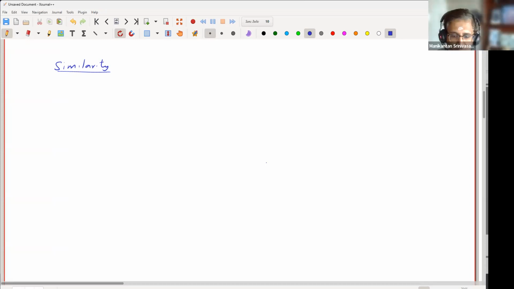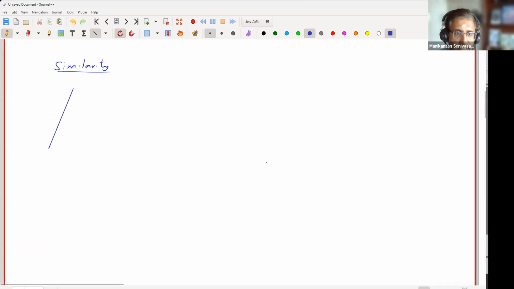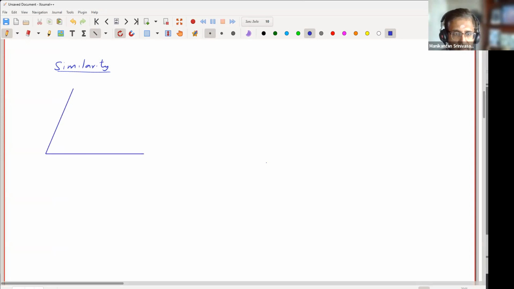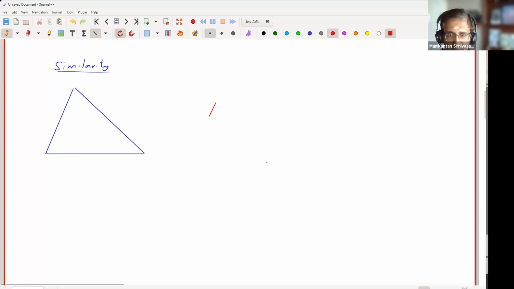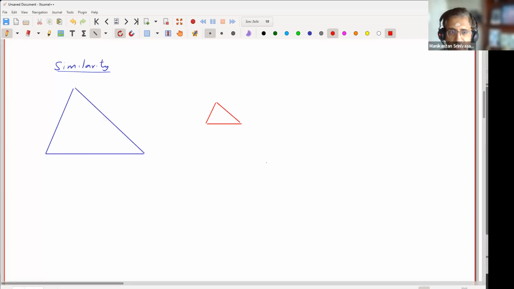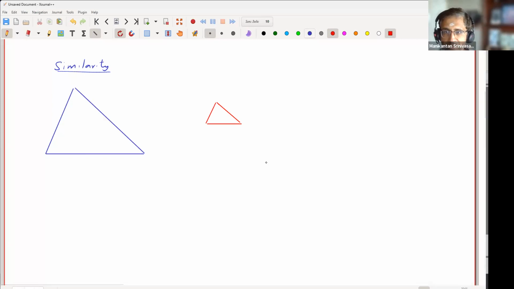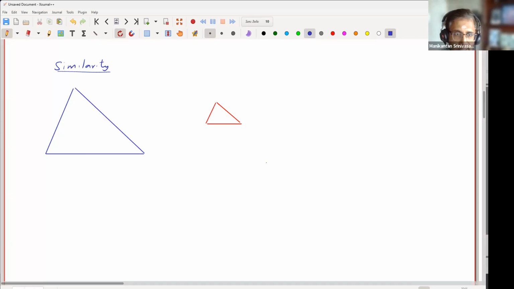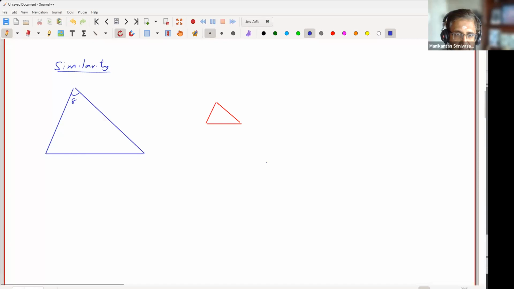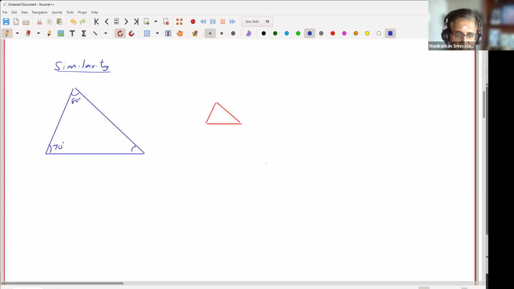Exactly. So if you have a big triangle, and with the same shape, I draw a small triangle, the angles are all still the same, but the size is different. Let's say this is 1/3 of this size. Say this is 80 degrees, this is 70 degrees, and this is 30 degrees.